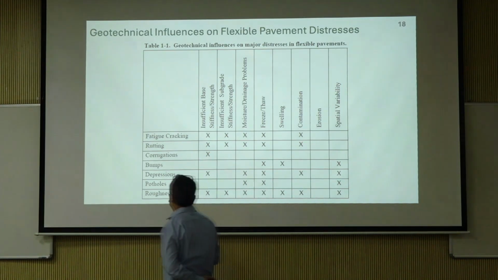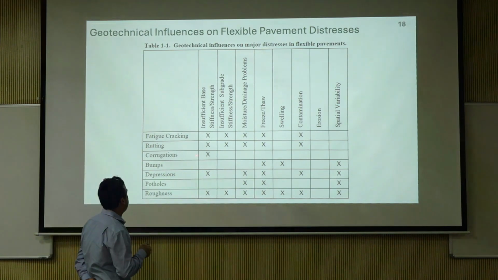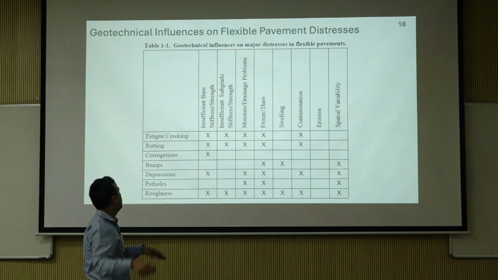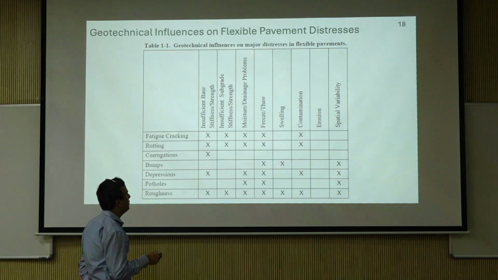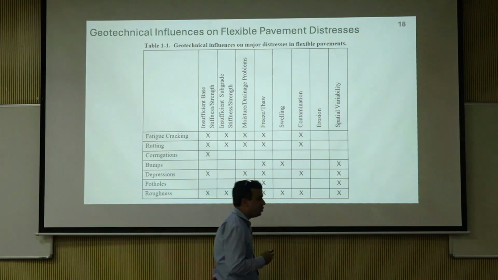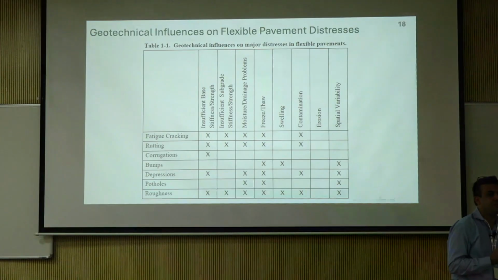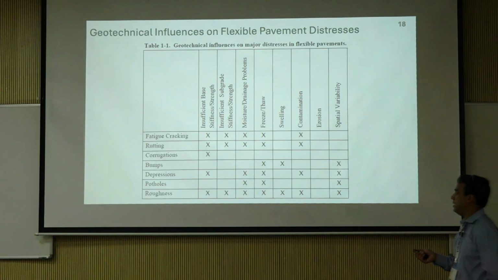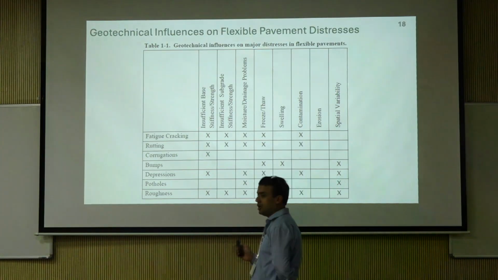Corrugations, again, thin layers can sometimes lead to these undulations. Bumps, freeze thaw, swelling, spatial variability, depressions, potholes, roughness, all of that. So all the distresses you notice somehow can be affected by geotechnical layers.